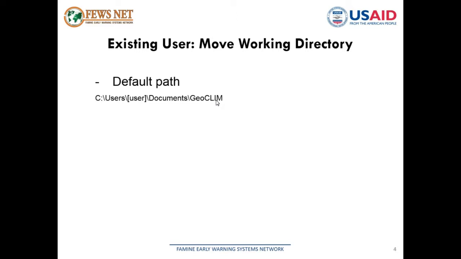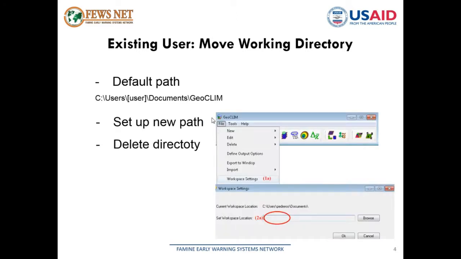Then the best thing is to change the directory into a new location, and that makes it safe. Once you change the directory, delete the directory, install the new version. So let's take a look and see how we have to change the directory.